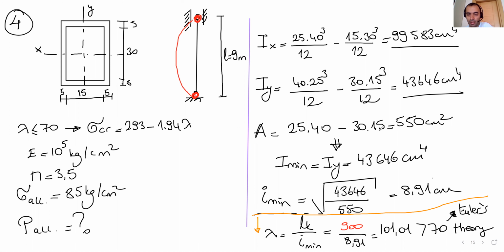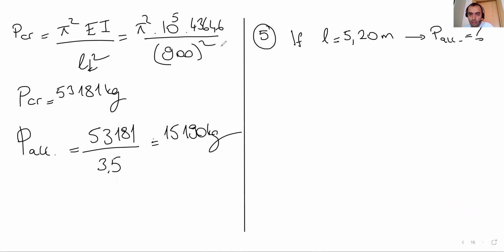Let's calculate lambda. Lambda equals LK over i. LK is here. What is here? 8.